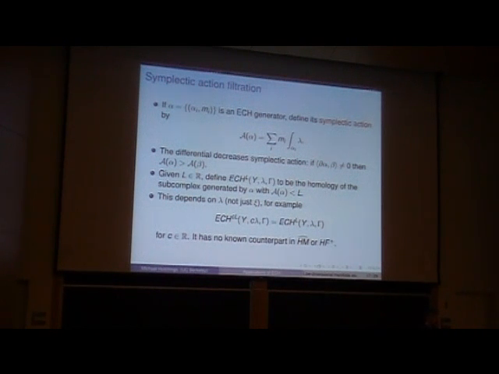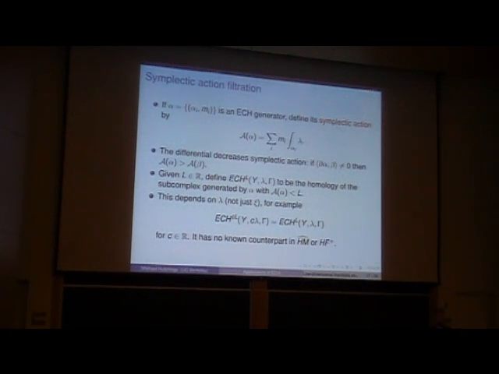But since the differential decreases the symplectic action, it makes sense to look at a subcomplex. So for any real number L, I can look at a subcomplex of ECH, which is spanned by those generators that have action less than L. That's a subcomplex, and I take its homology, ECH^L.